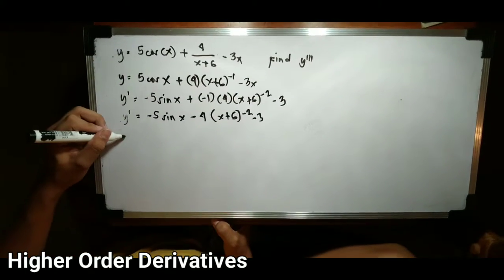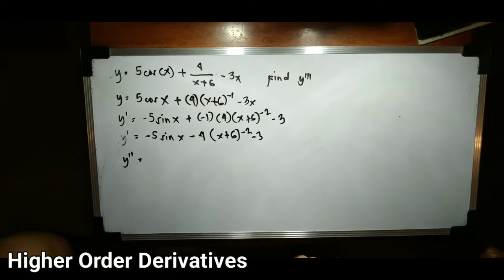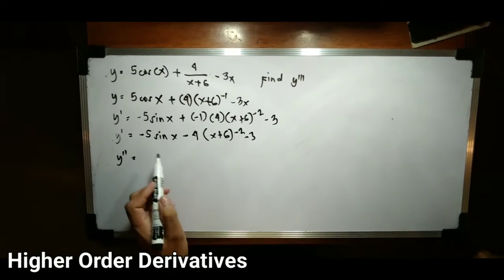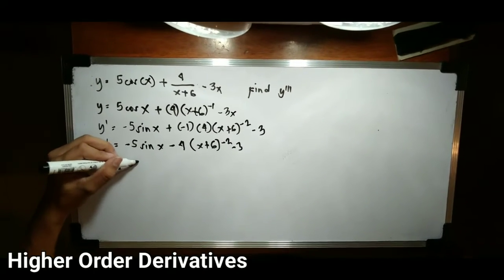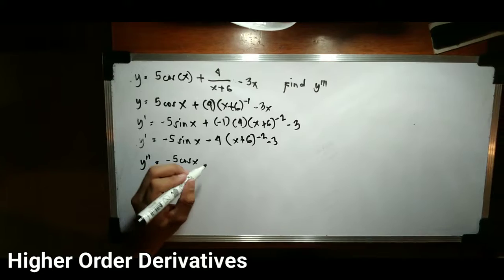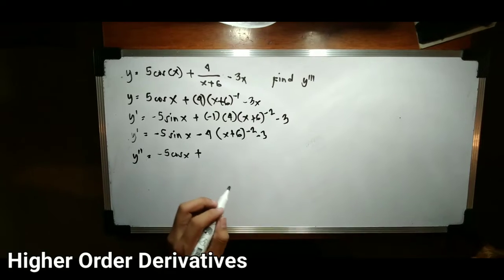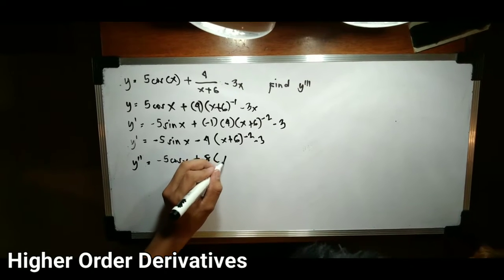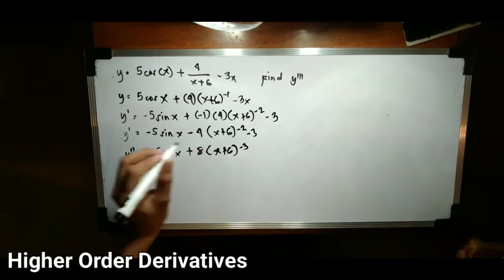So now we'll get our second derivative. We have a sine x here. So the derivative of sine x is cosine x. So we will now write this as negative 5 cosine x plus negative 2 times negative 4 will become positive 8 times x plus 6 raised to negative 3.